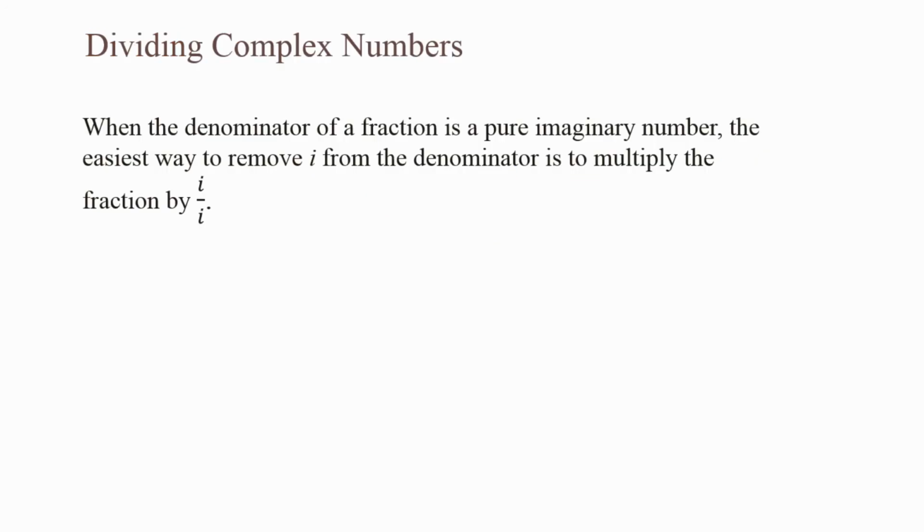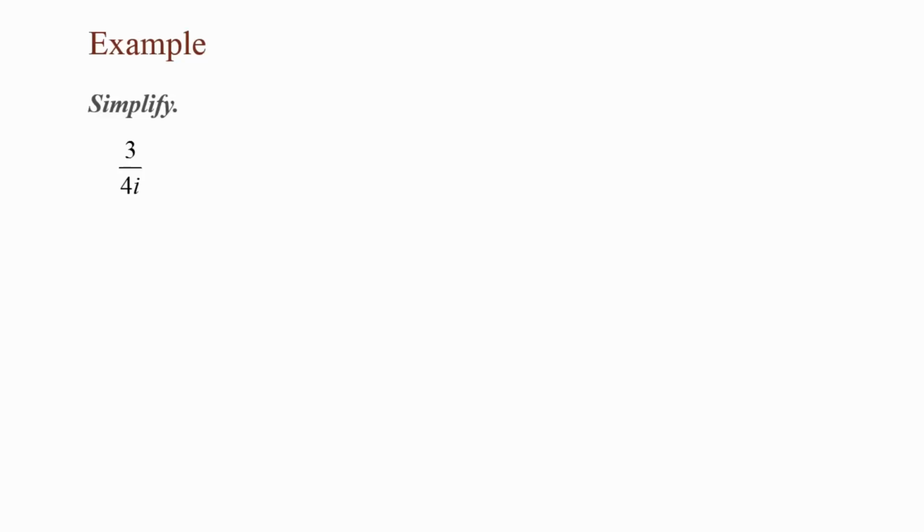Dividing complex numbers. When the denominator of a fraction is a pure imaginary number, the easiest way to remove i from the denominator is to multiply the fraction by i over i. In this example, simplify 3 divided by 4i.